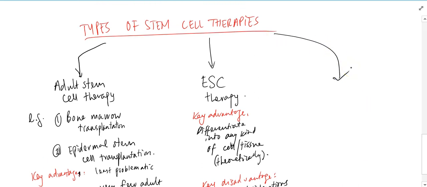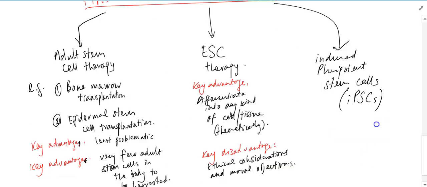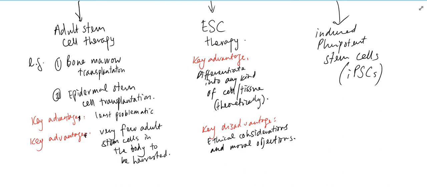The third type of stem cell therapy is the induced pluripotent stem cells, or the iPSCs. The induced pluripotent stem cells are adult somatic cells that have been genetically reprogrammed so that they become embryonic stem cell-like.